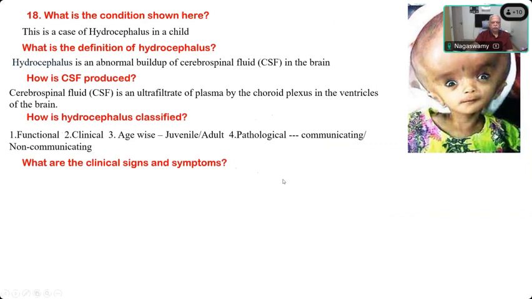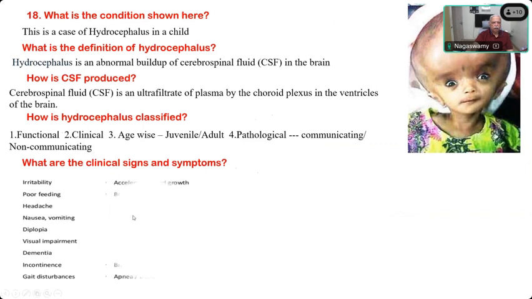What are the clinical signs and symptoms of hydrocephalus? Sir, head is larger than the body, shiny scalp with dilated veins, sunken eyeball. So the patient can present with signs of irritability, poor feeding, headache, nausea, vomiting, diplopia, visual impairment, dementia, incontinence, and gait disturbance.